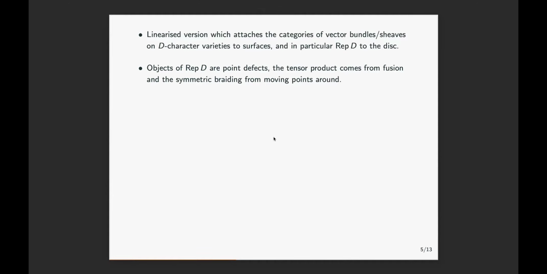And from that perspective, the objects of that category you can think of as point defects for the theory. So you can have surfaces with marked points, and the marked points are labeled by representations of G. And there's this picture, familiar to many of you, that the tensor product is given by collapsing points and the symmetry of braiding by moving points around. So all this defines the bulk of the theory.